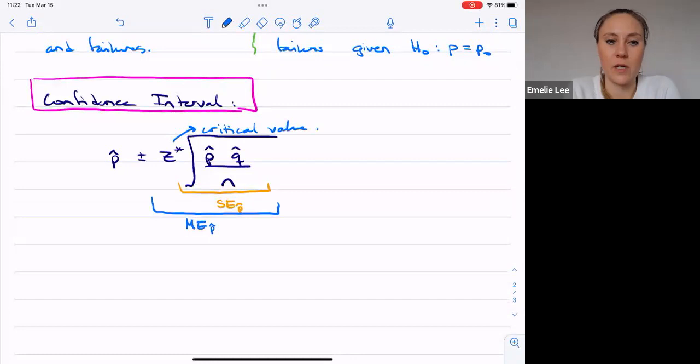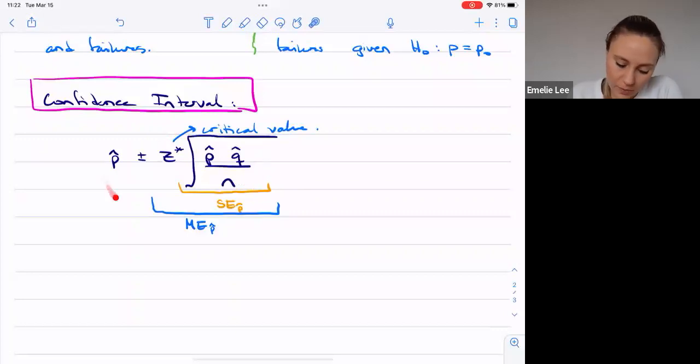Just kind of a summary of things that we need to know. Now, later today, when we calculate the sample size that we're going to need, we're going to refer back to this formula, because we're going to adjust based off of some desired margin of error.